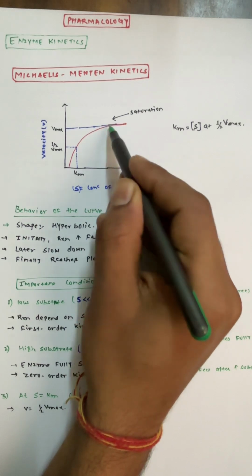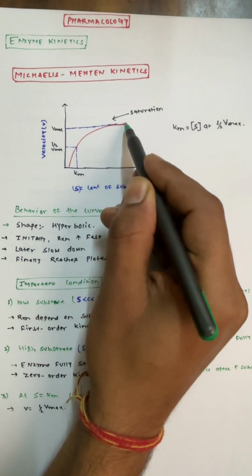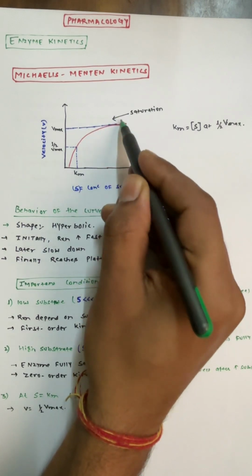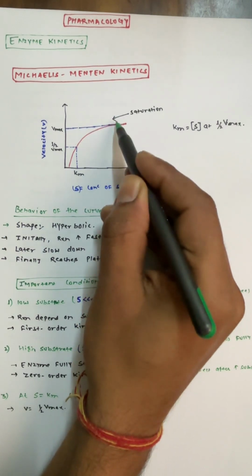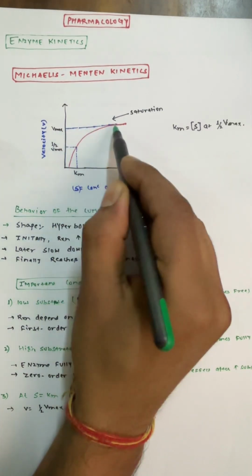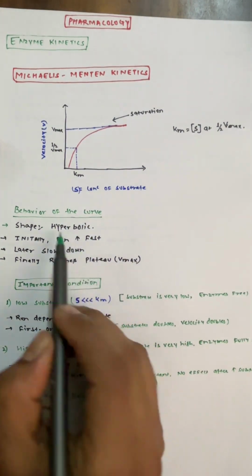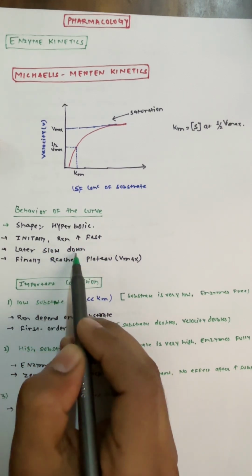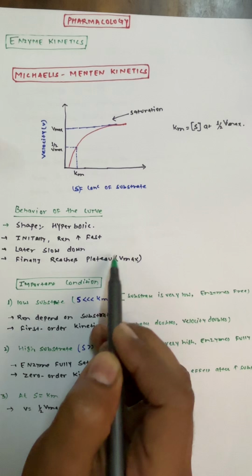Why are we calling it the plateau stage? Because after this the reaction rate is not increasing, it's going straight. This is where there is saturation at Vmax. So, regarding the behavior, the shape is hyperbolic; initially the reaction is fast, then it slows down and finally reaches the plateau stage.